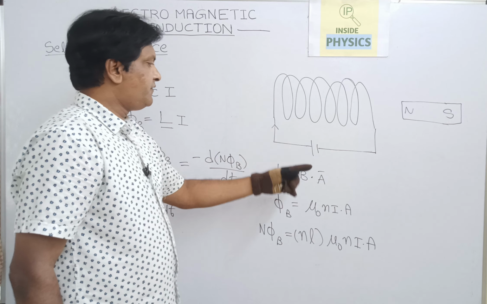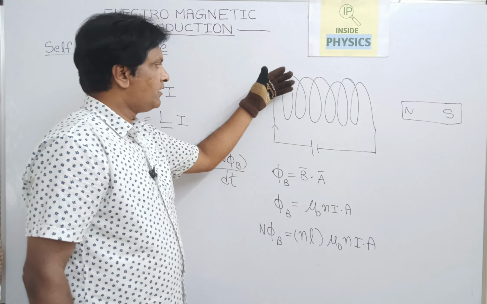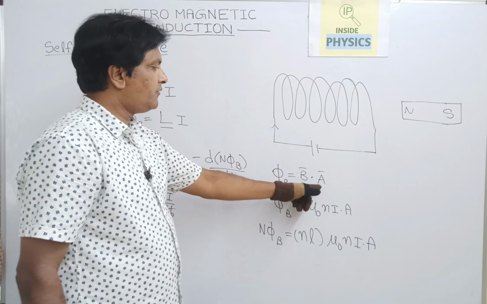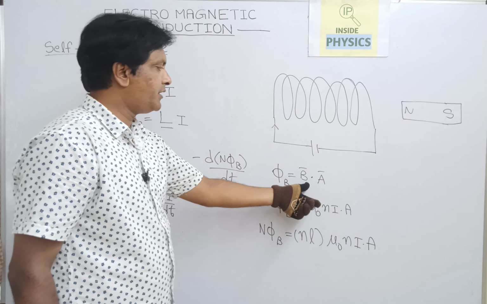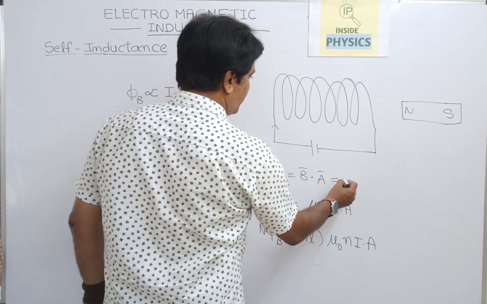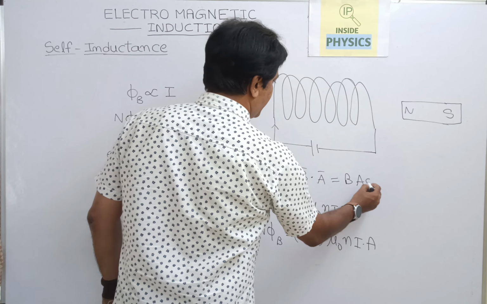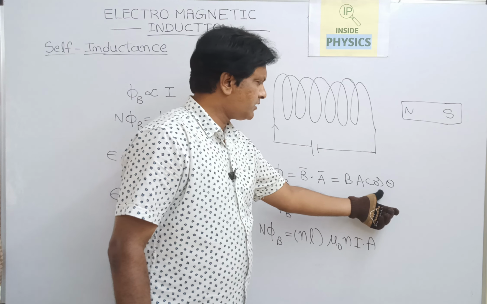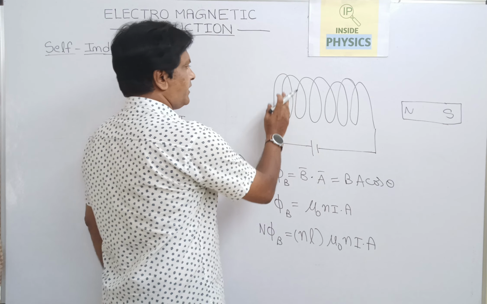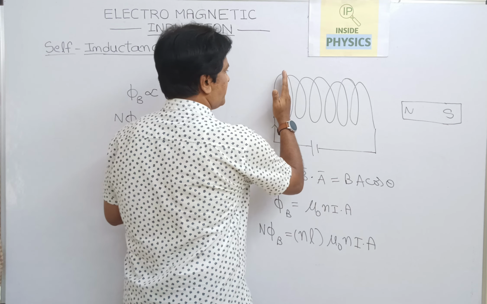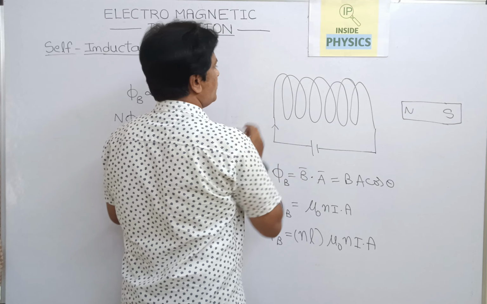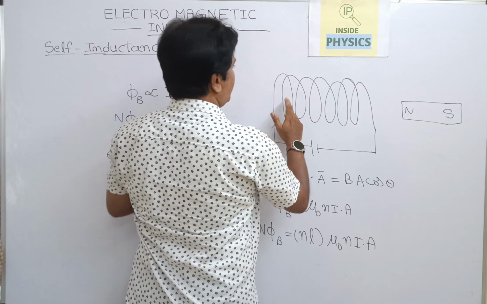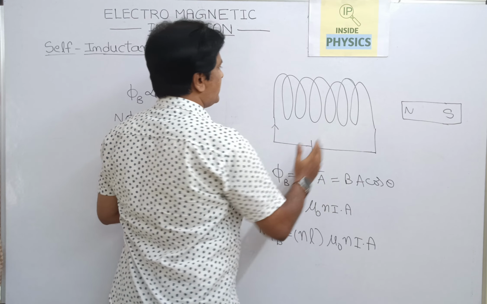Here the magnetic field and the plane of the area of the loop are perpendicular. So B bar dot A bar will be represented as BA cos theta, where here it is cos 0, because the direction of the area of the loop will be like this, and the magnetic field will also be in this direction.